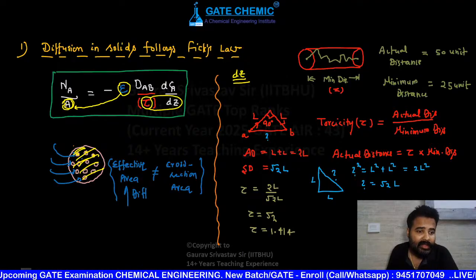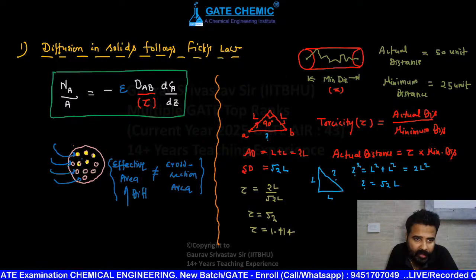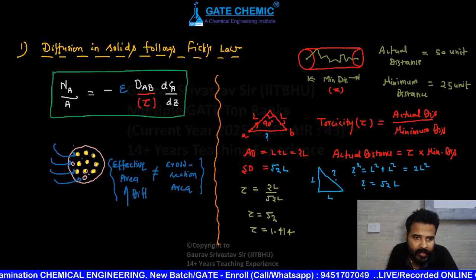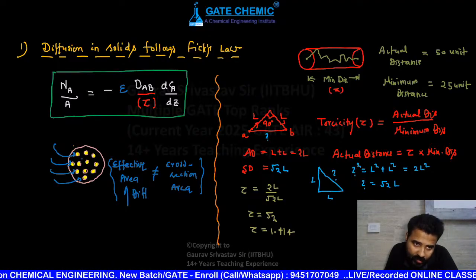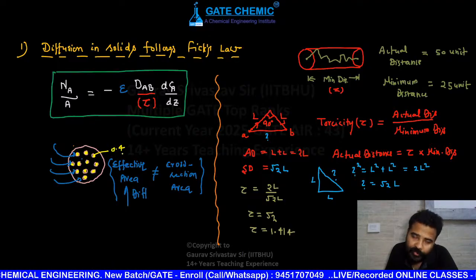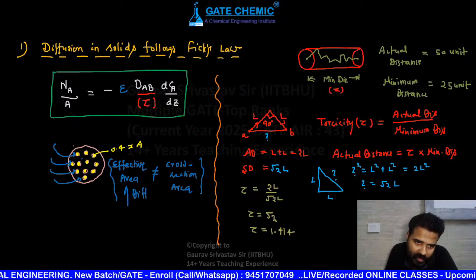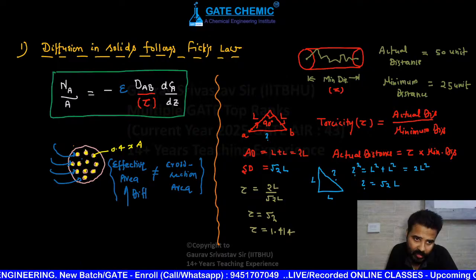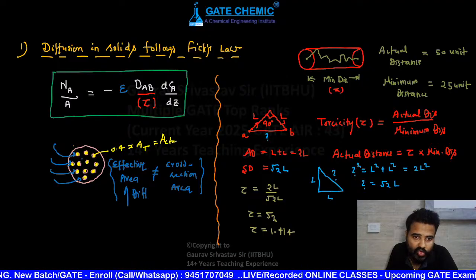Only the area of the pores is available here. So suppose these pores have an area fraction of 0.4. If you multiply the pore area fraction with the total area, it is going to give you the actual area.